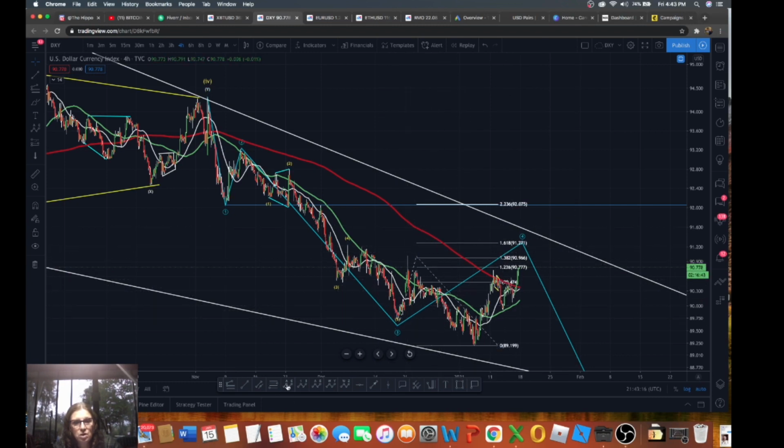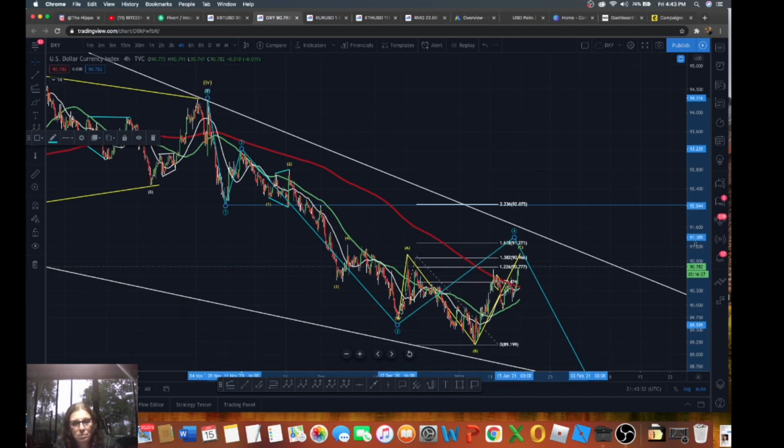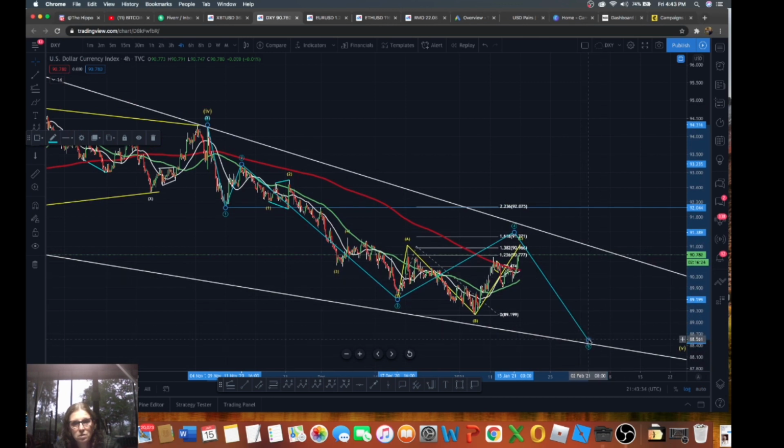Either we are creating an A, a B, and a C for our fourth wave, okay? And then we still have a fifth to come, okay? Or we have already created our fifth here, and this is the start of the new upward trend.